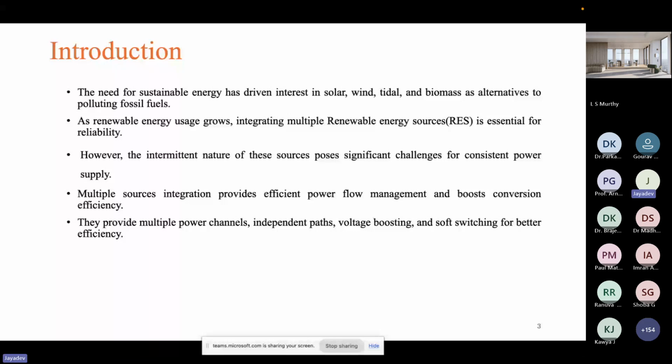This configuration, in time, we'll discuss one particular configuration, that is the integrated multiport converter.